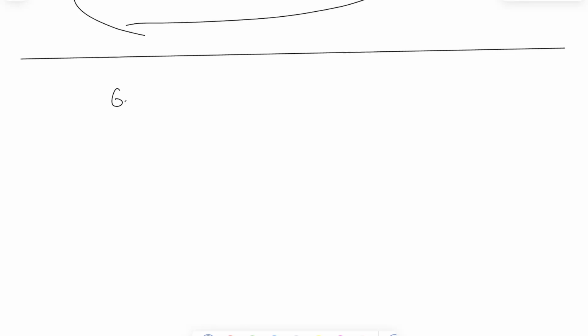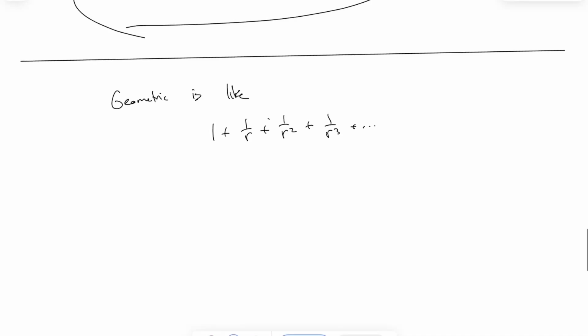Anyway, this geometric series is like 1 plus r plus r squared, r cubed, right? I didn't mean to write all those 1 overs. I don't know why I did that. This is what a geometric series looks like. And sometimes it has the 1, sometimes it doesn't. But it's like that, right?